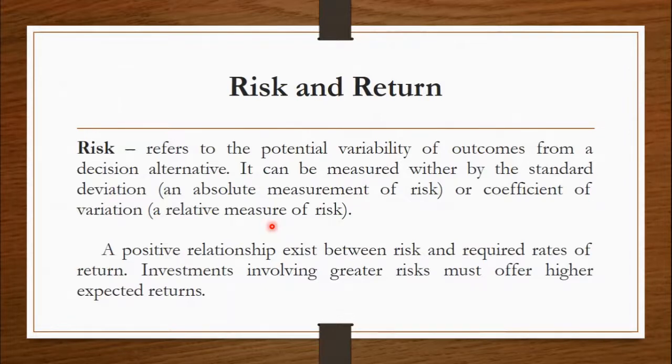Now, how to get the risk is deeply discussed in detail in your statistics, or PET 19, in this statistical analysis, wherein you are taught how to get the probability and the expected value.